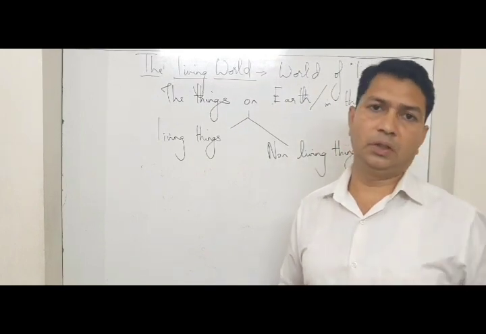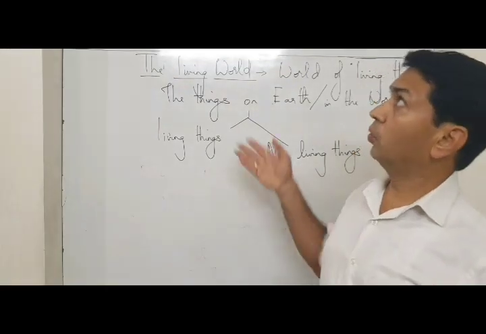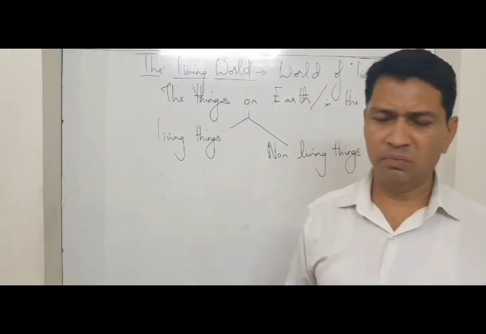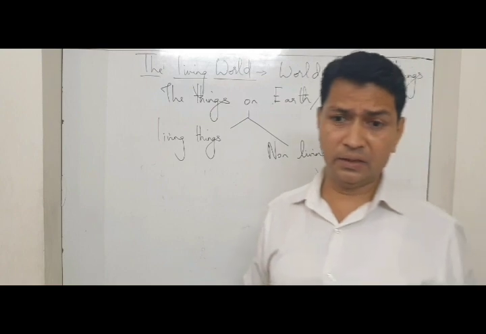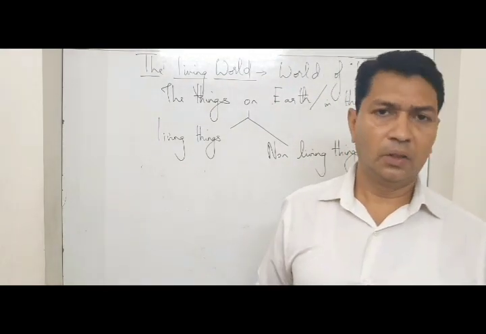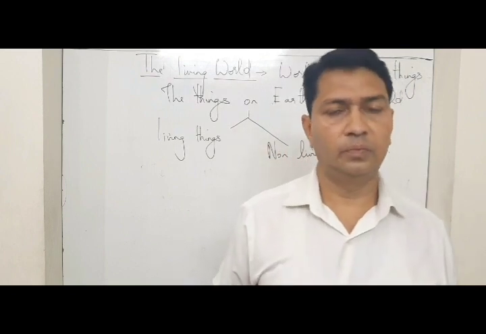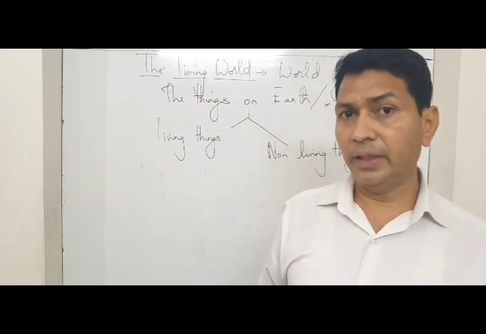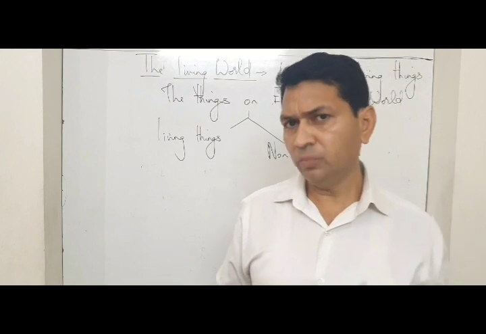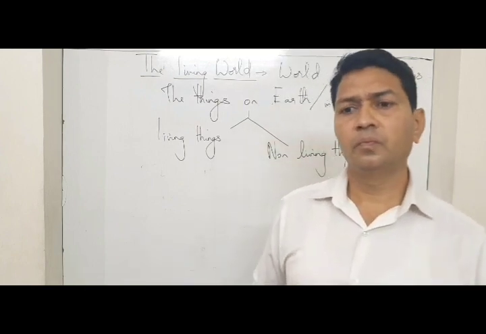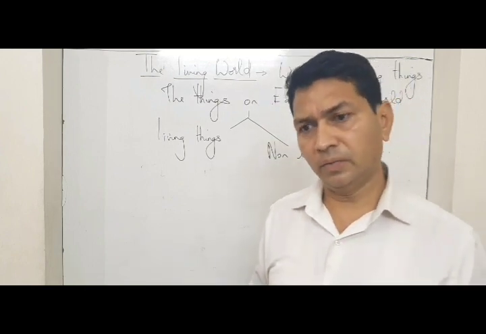The camera, the wall, the board, the fan, the air conditioner, shoes, laces, many things are non-living things. The plants, the animals, the humans, the fungi, the bacteria, amoeba, paramecium, you might have heard these terms. These are classified as the living things.